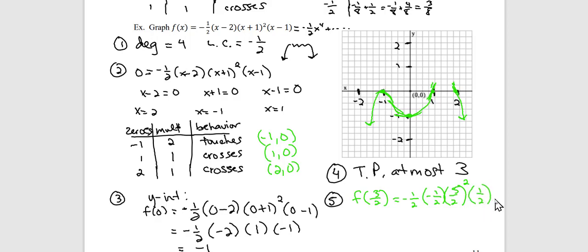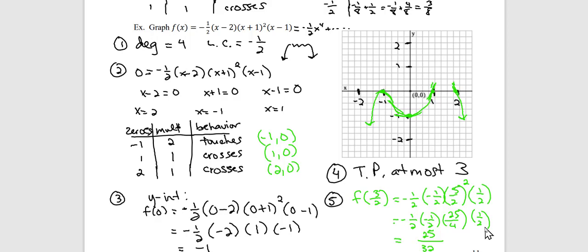I'm thinking of all of those fractions, the 1s as 2/2 and the 2 as 4/2. So that's where I got those numbers from. -1/2 times -1/2 times 25/4 times 1/2, which is a nice round number of 25 over, let's see, 4 over 32. 2 times 2 times 4 is 16, times 2 again is 32. And it's positive, which is what I expected.